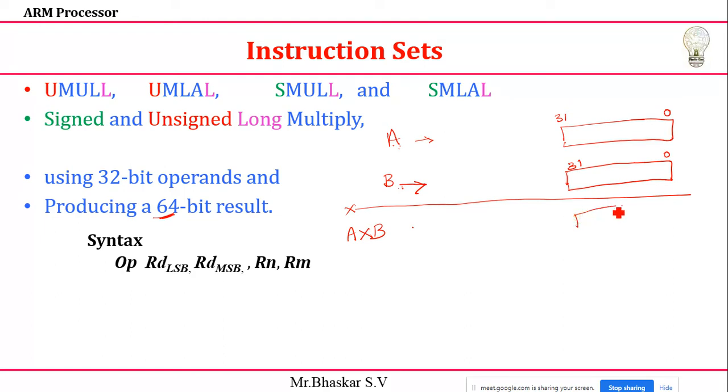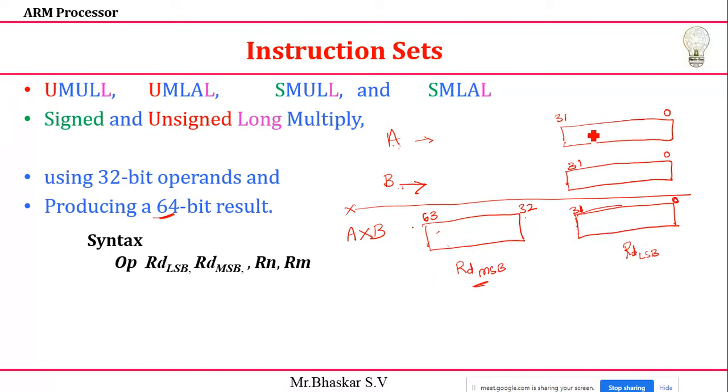I'll get the result in two registers. One register has a maximum capacity of 32 bits, so bits 0 to 31 will be stored here, and the next 32 bits, 32 to 63, will be stored in another register. 0 to 63 is my result. This first register is the destination register holding the LSB word, and the other is my MSB register holding the MSB word. A word is nothing but 32 bits.